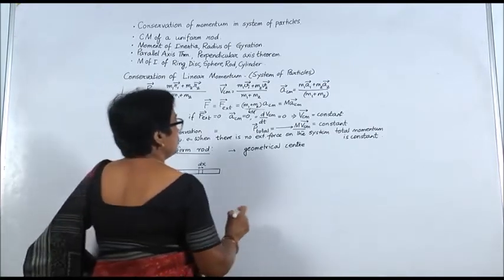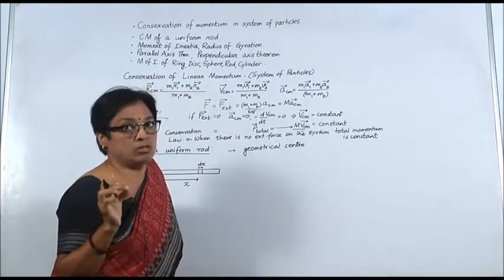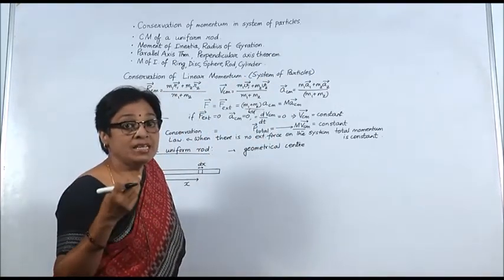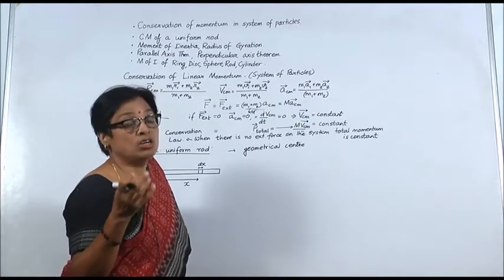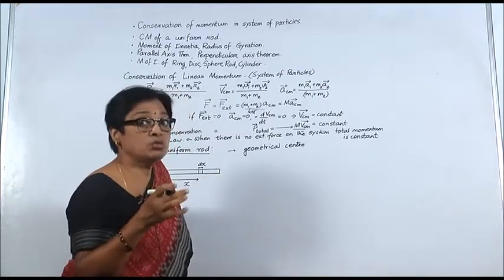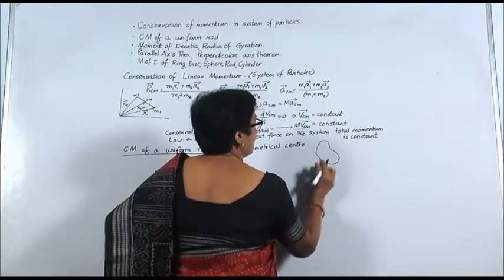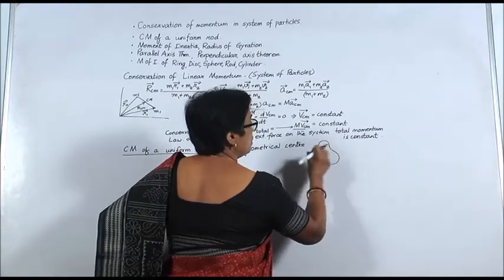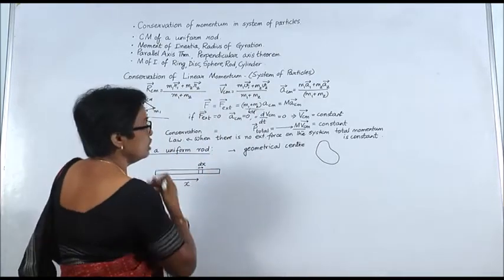Now, this was the case of individual particles. But when the body is a continuous body, it consists of particles which are continuously present in the body. These particles are not distributed individually or discrete, it is a continuous mass. For example, this is also a continuous mass.